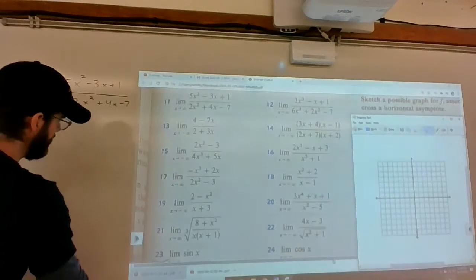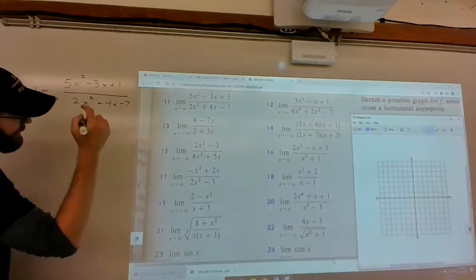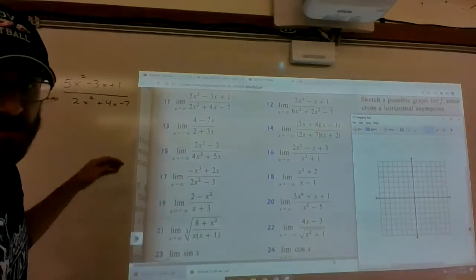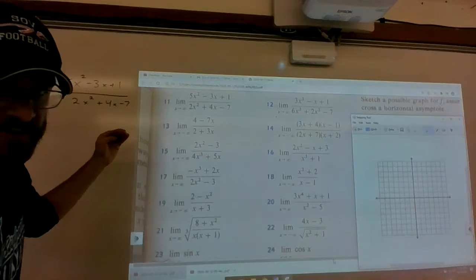The algebra manipulation is, I can multiply or divide the top and bottom of a fraction by whatever I want, just as long as what's done to the top is the same as what's done to the bottom.